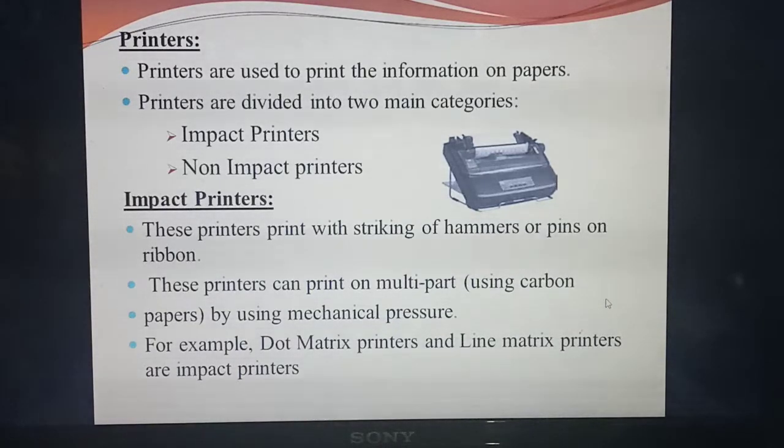Using that pressure, the hammers or pins strike on the ribbon. For each strike, a dot will be present on the paper.